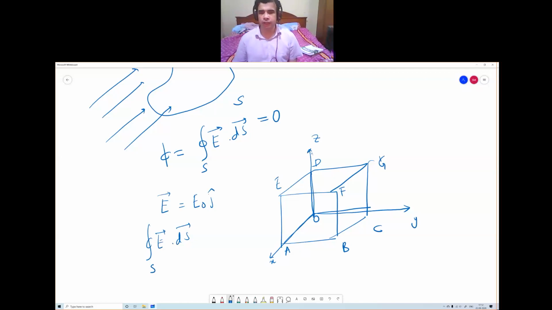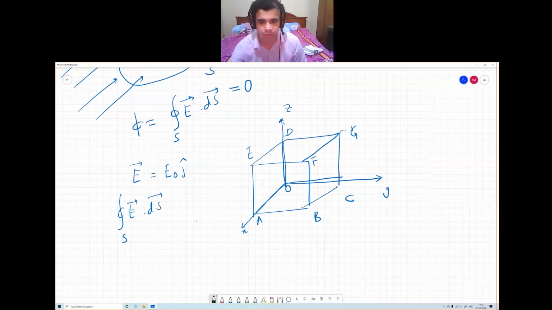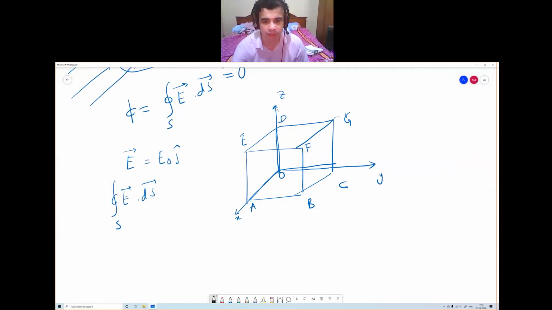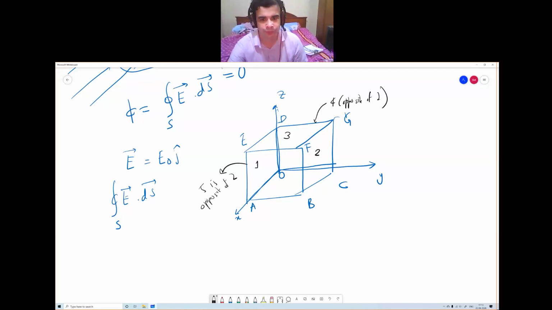Let us find all the normal vectors. Let us name the surfaces. Let this one be 1, this one be 2, this one be 3. 4 is opposite of 1, 5 is opposite of 2, and 6 is opposite of 3.